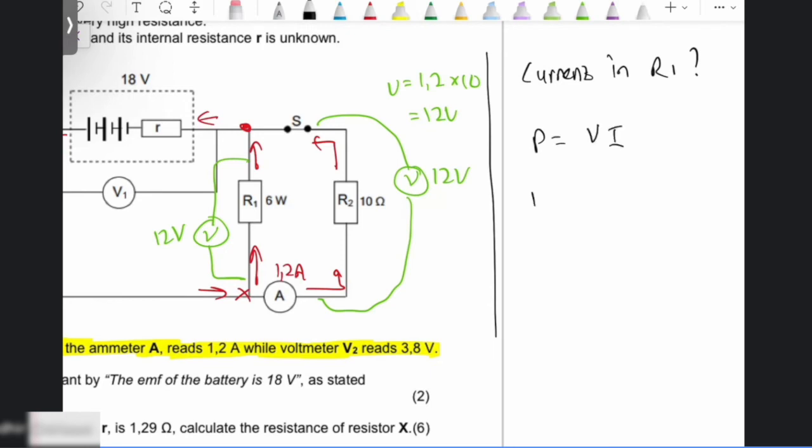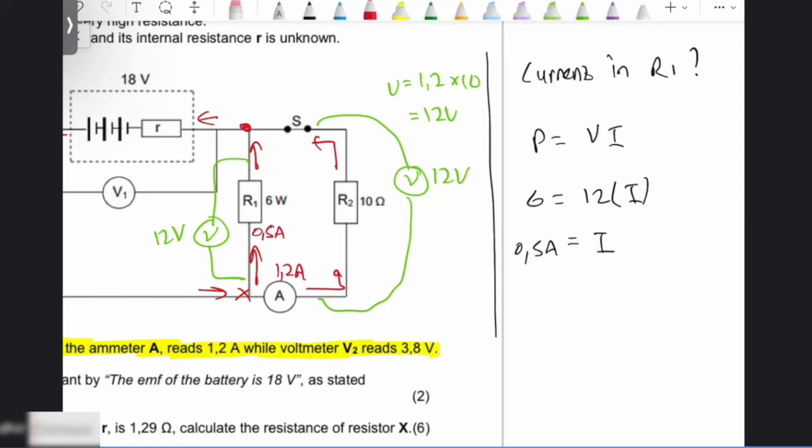Sorry, power is 6. Power is 6. Voltage is 12, and we're looking for a current value. So we're just going to divide by 12, and we're going to get that as 0.5 amps. So here we have this as 0.5 amps.